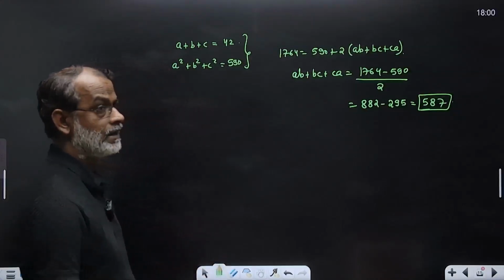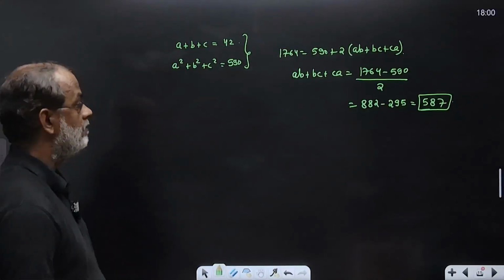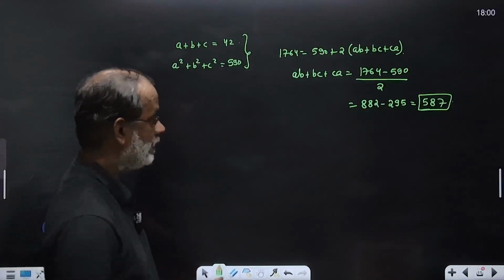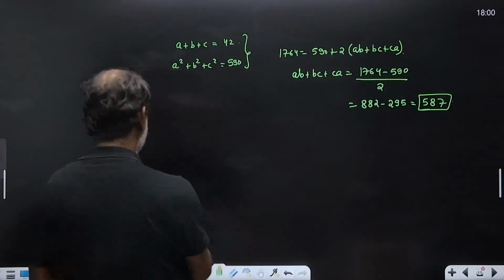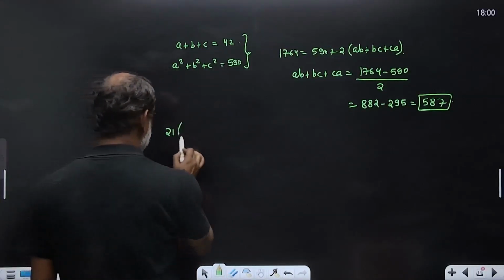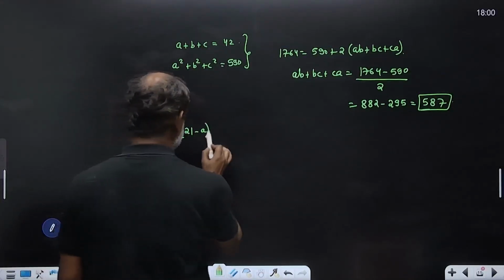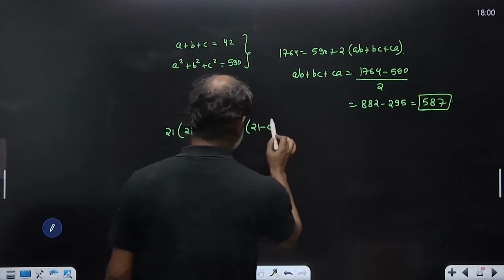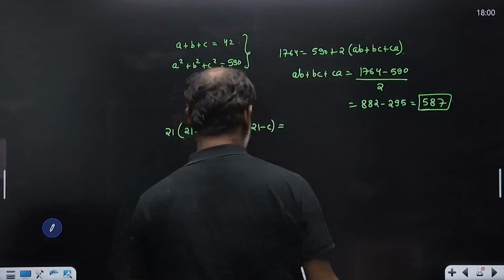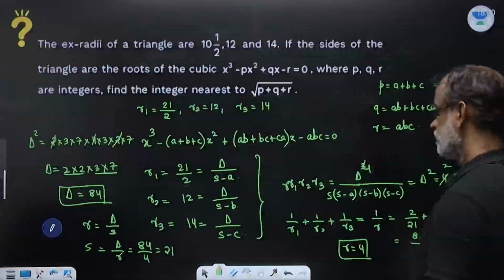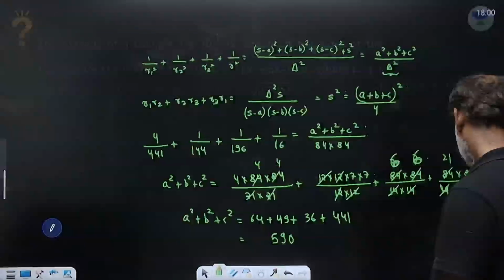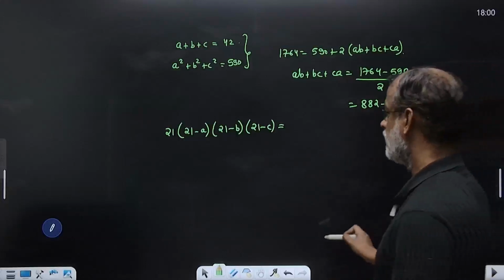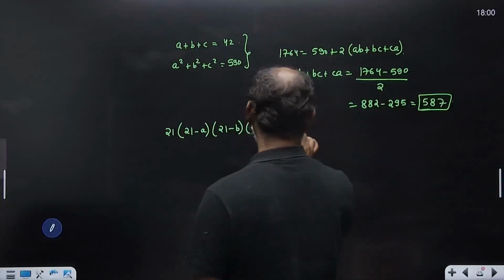Now the only thing that is left is to find A into B into C. So we know S into S minus A into S minus B into S minus C is 84, that is 21 into 4.